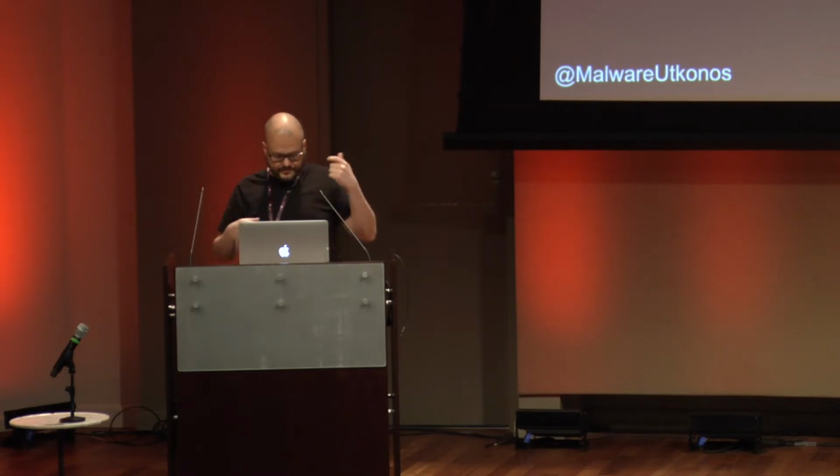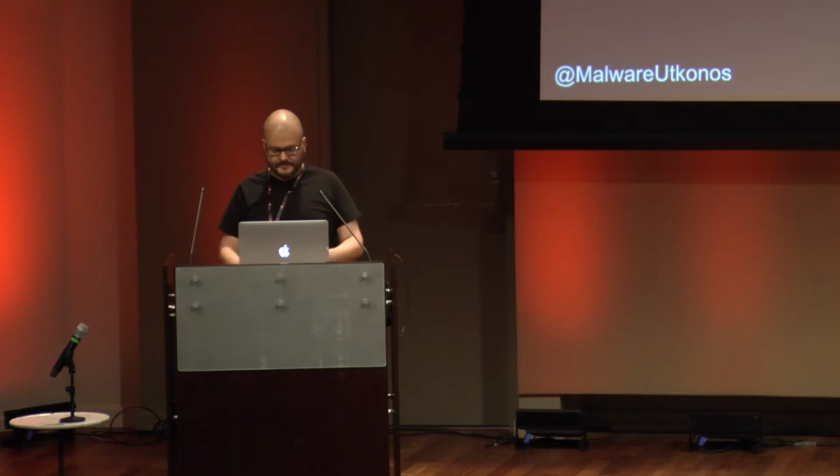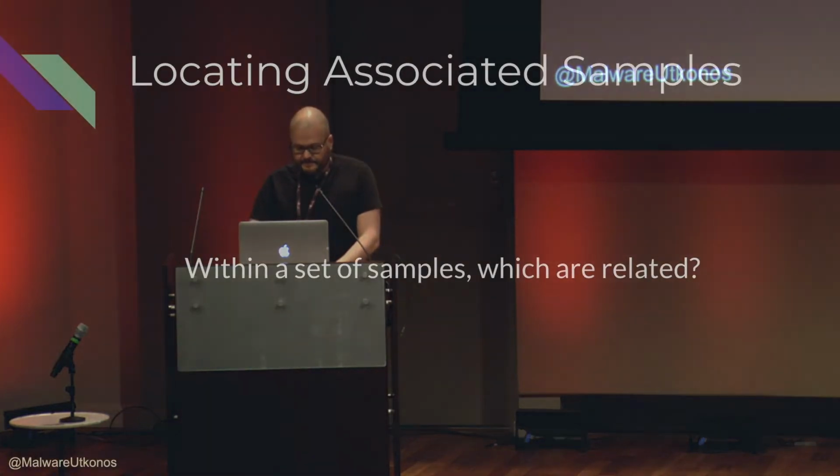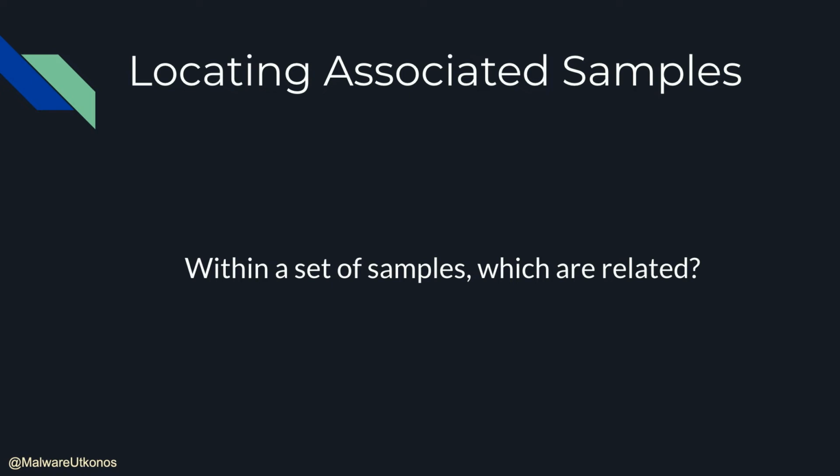And you have kind of the same thing: you've got threat actors who are programmers, and they're sharing code horizontally across malware families. So you may have problems identifying a particular malware family. It is difficult. And then this problem is a little bit easier because it's a little bit more structured.